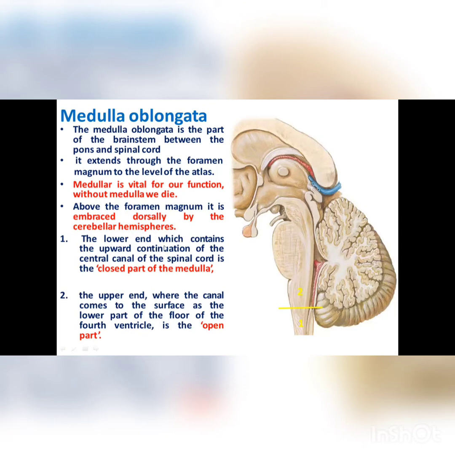The lower end, which contains the upward continuation of the central canal of the spinal cord, is the closed part of the medulla oblongata, which we have seen in the previous slides. The upper end, where the canal comes to the surface, has the lower part of the floor of the fourth ventricle. That is the open part. It opens into the floor of the fourth ventricle.